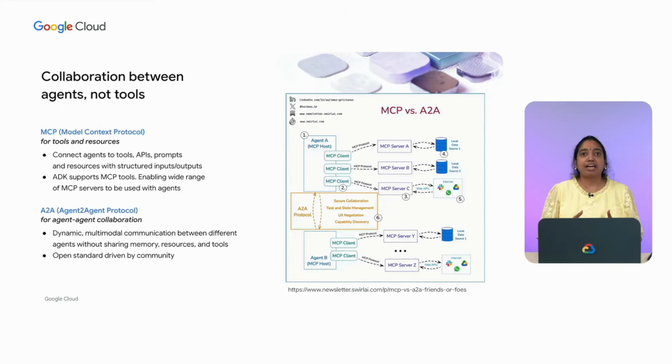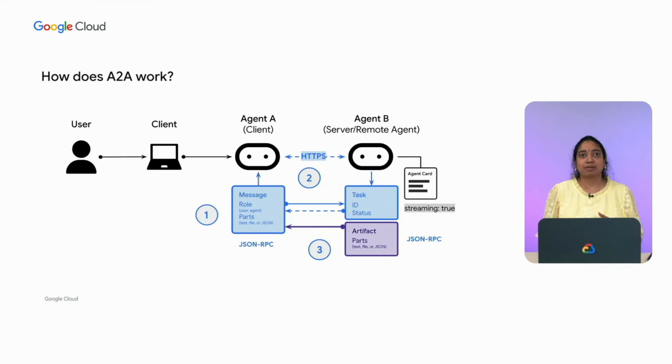This is where the A2A protocol comes in as the open standard for agent collaboration, using agent cards for discovery and standard web protocols like HTTP for communication. It enables independently built agents to find each other, delegate tasks, and coordinate effectively on complex goals.